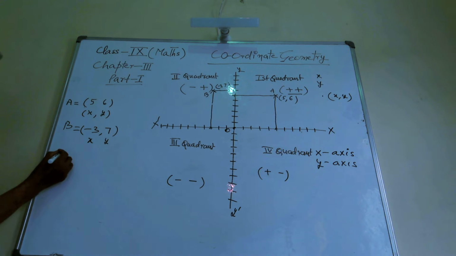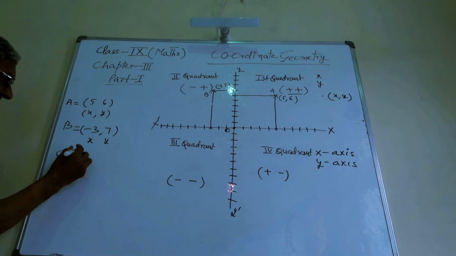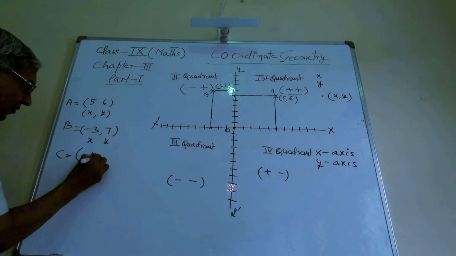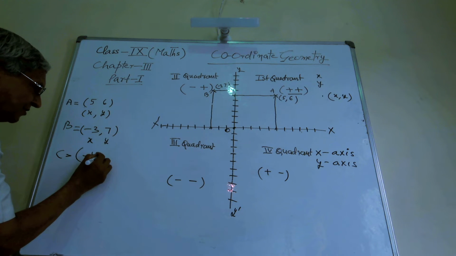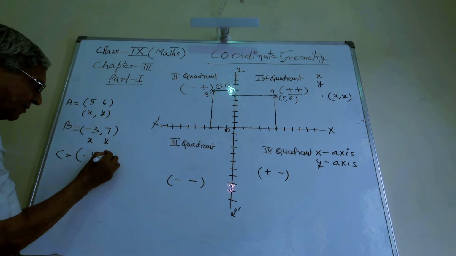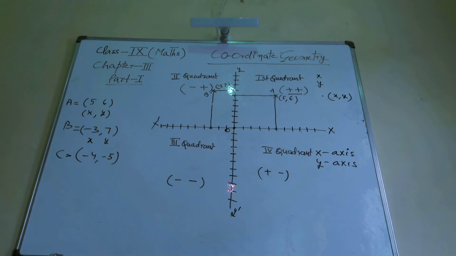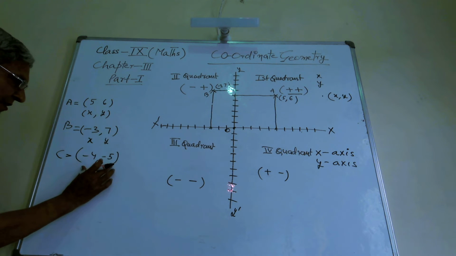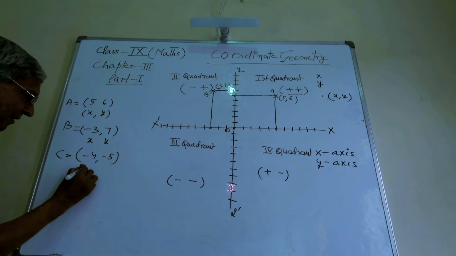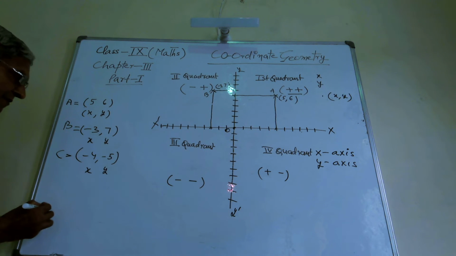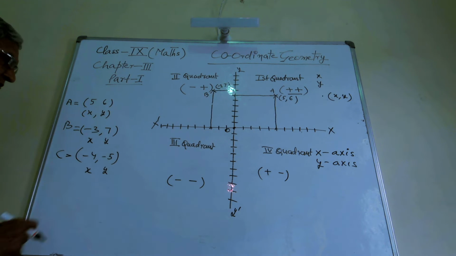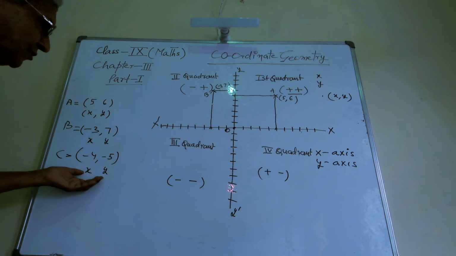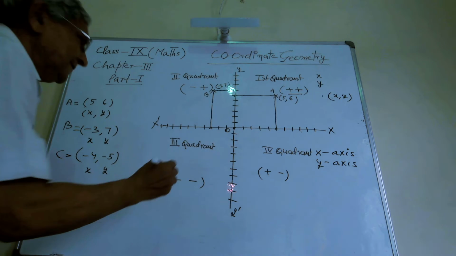Now take a point C, that is (-4, -5). This is the C point. In this, X is equal to -4, Y is equal to -5. Now find the position of this point.